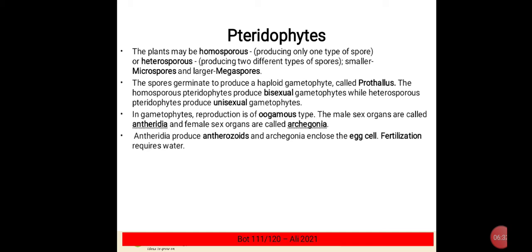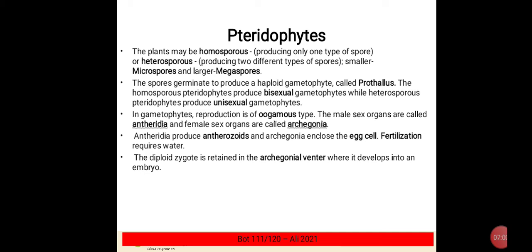Archegonia, we say, are the female sex organs of a gametophyte, and therefore they enclose the egg cells. Fertilization in these pteridophytes requires water, and that's why most times you'll find these ferns and their allies growing near water areas due to their fertilization.